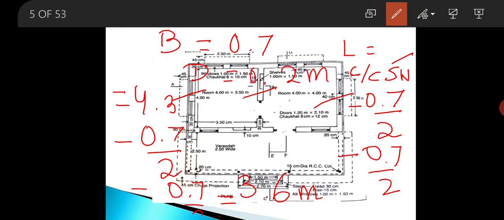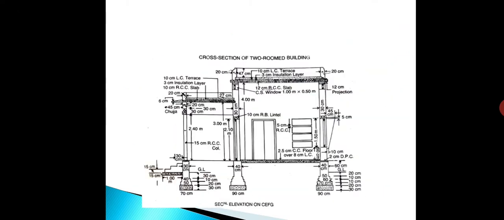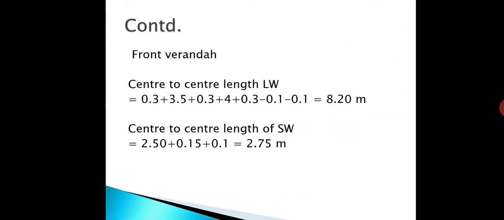Clear? So similarly, while calculating the second footing along short wall, from the center to center length of short wall, we will subtract half of the width of second footing from both the sides. So now we will move to the details of measurement form.